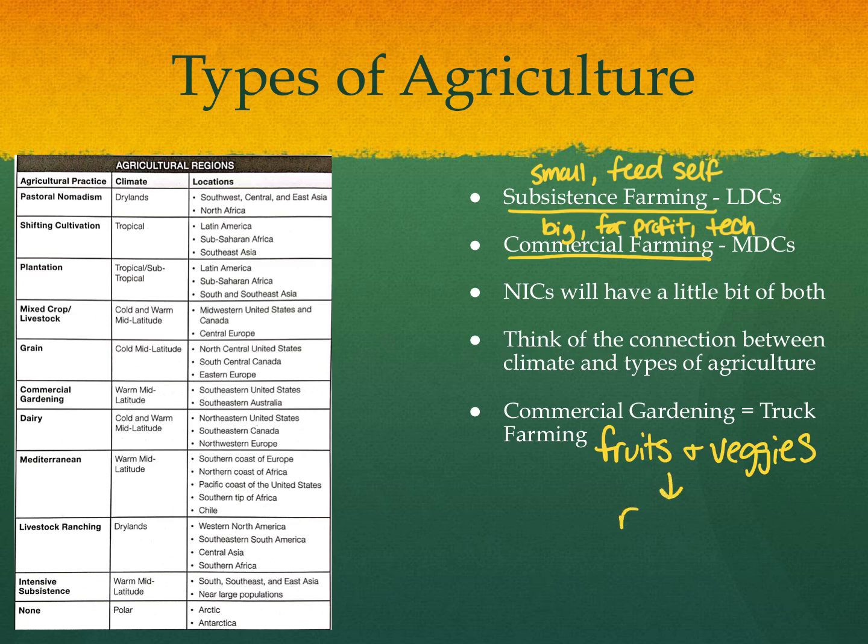Yes, roads. And where are roads the best at? What types of countries? Yep, MDCs, right? So that transportation route, those transportation factors are usually better in MDC countries. So we see a lot of truck farming, fruits and vegetables coming out of more developed countries because they have the transportation means to do it. Okay?